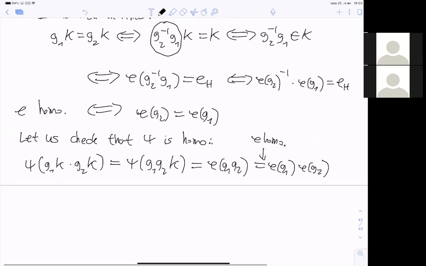Now we want to show that psi is an isomorphism. For being injective, it is sufficient to check the kernel is trivial. What is the kernel of psi? The kernel of psi is all the shifts of K such that phi of g is the trivial element in the target.